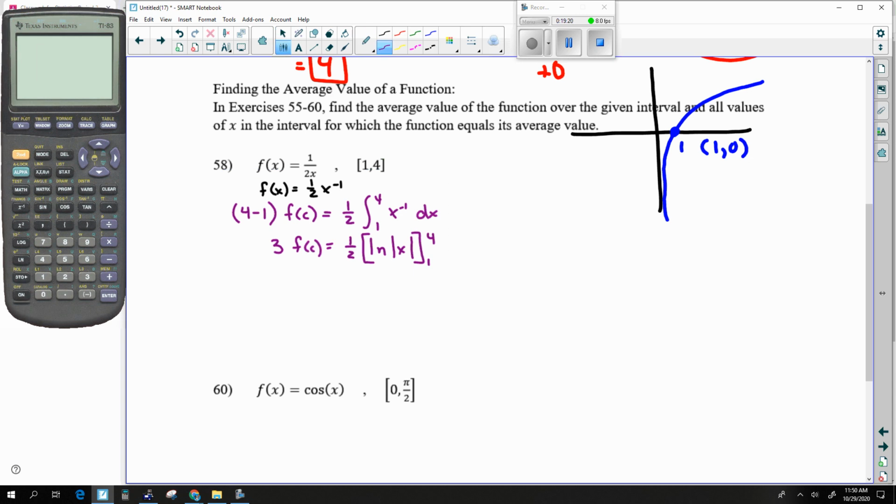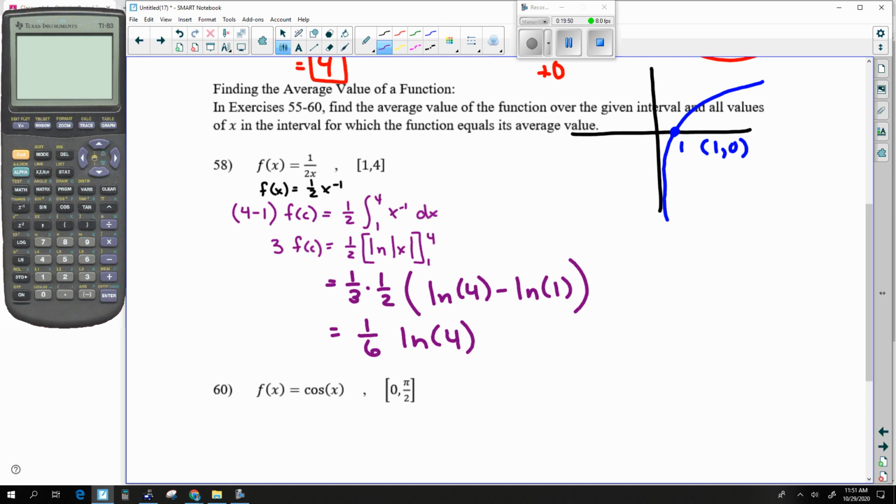All right, so we divide by 3, so this is 1/3 with that 1/2, ln of 4 minus ln of 1. And so this is going to be 1/6. ln of 1 is 0, so this is ln of 4. All right, this is a pretty cool answer.